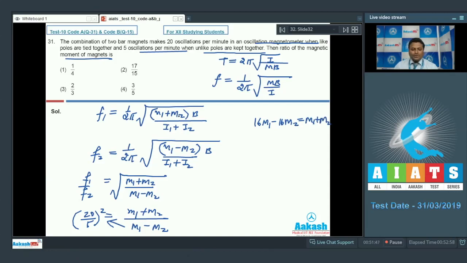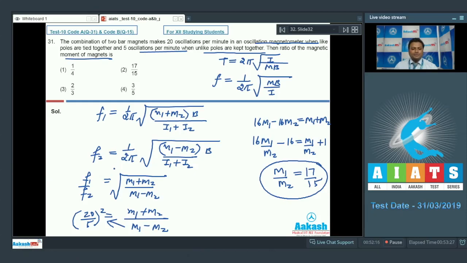You have to calculate the ratio of m1 and m2, so let us divide both sides by m2. We get 16 m1 by m2 minus 16 equals m1 by m2 plus 1. After rearranging and solving, we get the m1 to m2 ratio as 17 by 15.